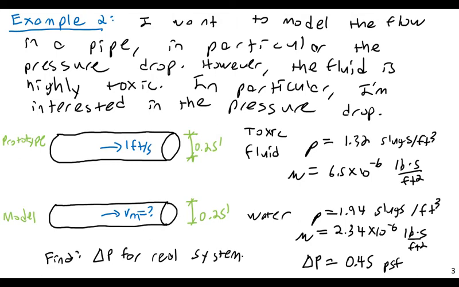So I know in my model that I have an unknown velocity. For whatever reason, I don't know the velocity in my model, but I do actually know the pressure drop in the model, so that will be useful. And then I wish to find the velocity in the model and delta P for the real system.